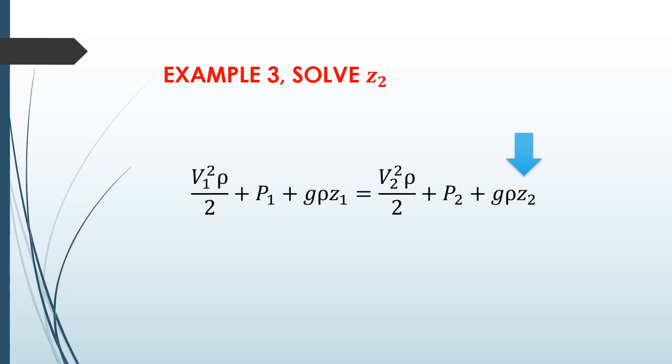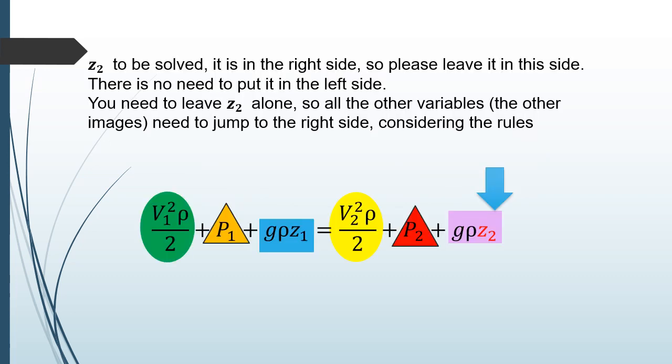In example number 3, we need to solve for Z2 from the same equation. As you can see, we have identified where the Z2 is located. In order to solve this term, we need to identify all the terms by groups, in this case by images.